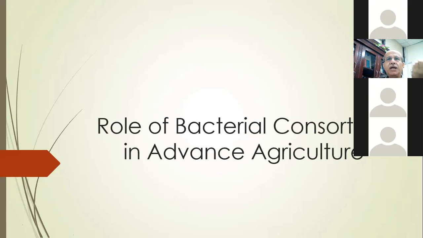Wherever you apply that product, there will be more phosphorus solubilization, more potassium solubilization, and more disease control due to antibiotic production. So these days, people are moving towards developing biofertilizers using bacterial consortium instead of using a single strain inoculum.